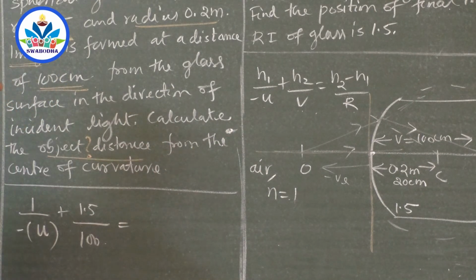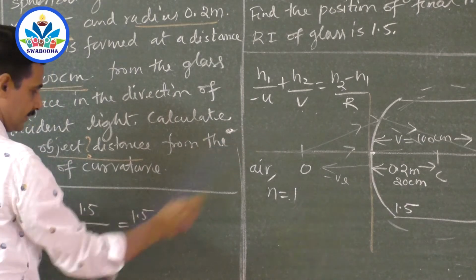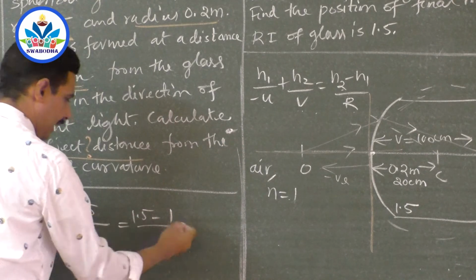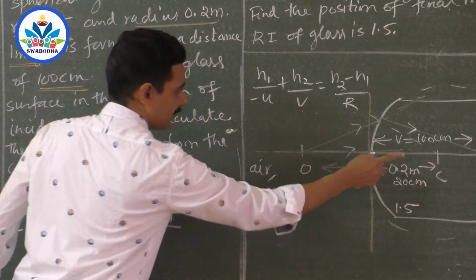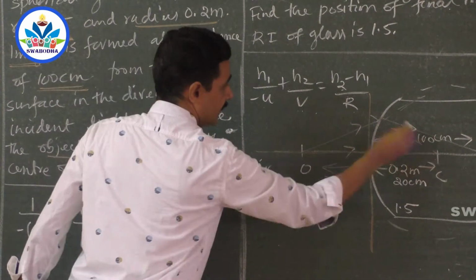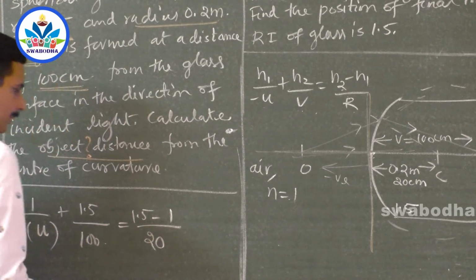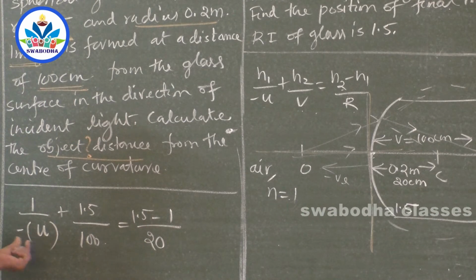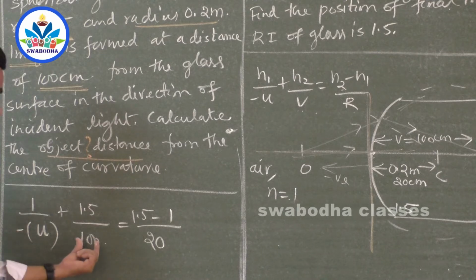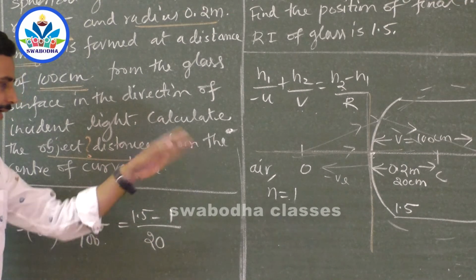It is equal to refractive index of the refracting medium, glass, minus incident medium, by radius. Radius is 20 centimeters from here to here. That is also on the right hand side, so plus 20, no negative. Object distance we should get as negative. This is formula negative itself. 100 centimeters on the right hand side, image. 20 centimeter, right hand side.